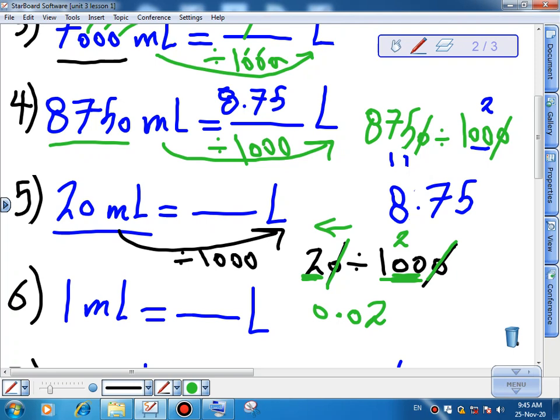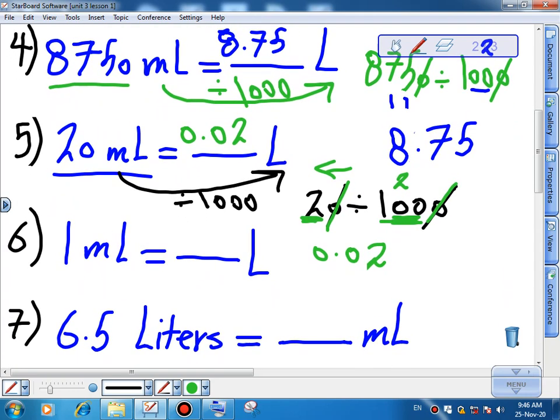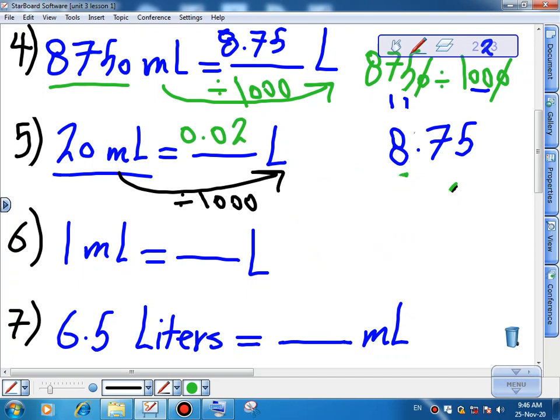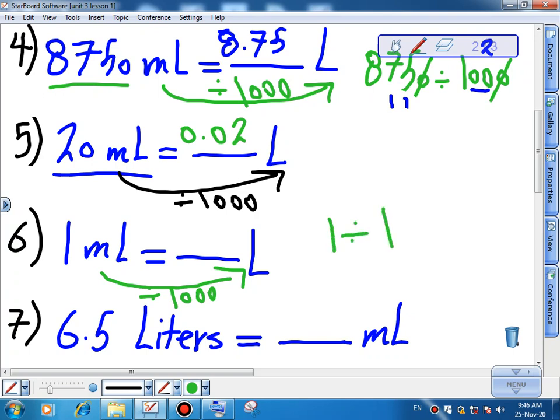I only have 1 digit, so I need to add the remaining one, which is 0, to make 2 digits before the decimal, and the whole part will equal 0. It will be 0.02 liters. Next one, 1 milliliter equals how many liters? From the smallest to the greatest, we know that we will divide by 1,000. 1 divided by 1,000.